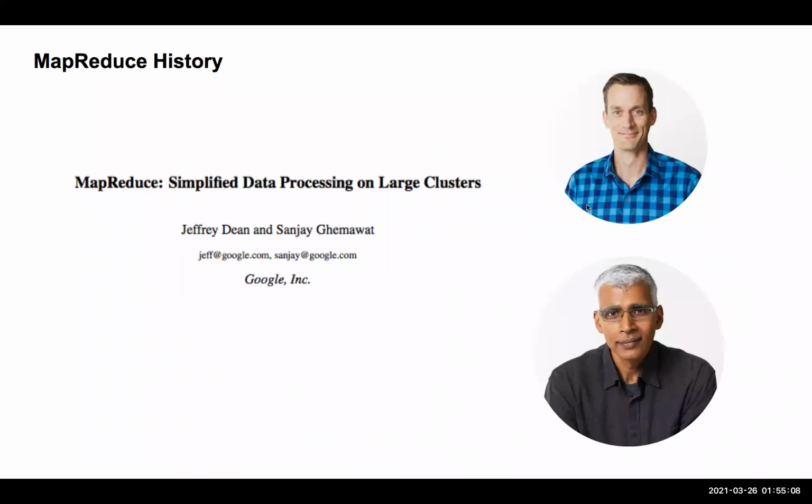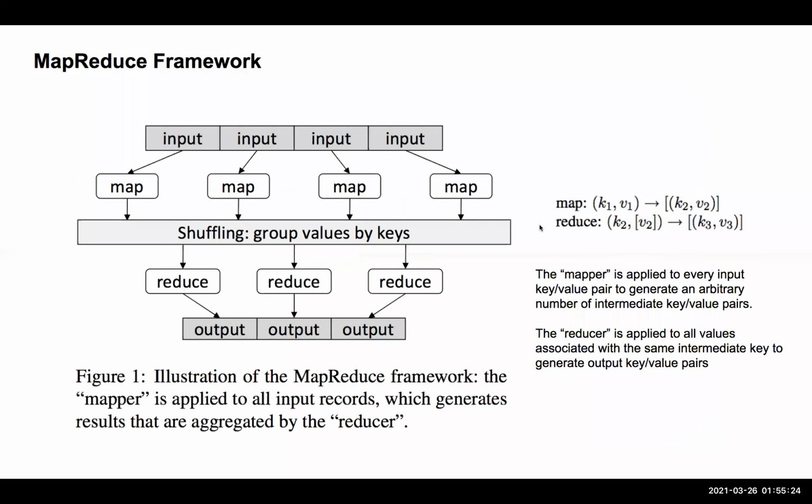The history of MapReduce: it was first brought up by two computer scientists who work at Google. One is Jeffrey, the other one is Sanjay. The main framework of MapReduce includes two parts. One is map, the second one is reduce.